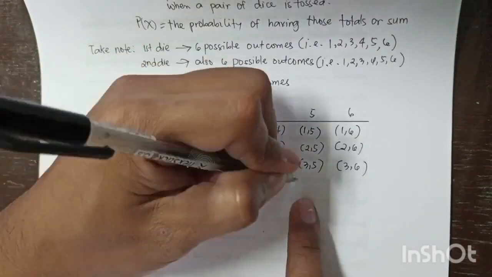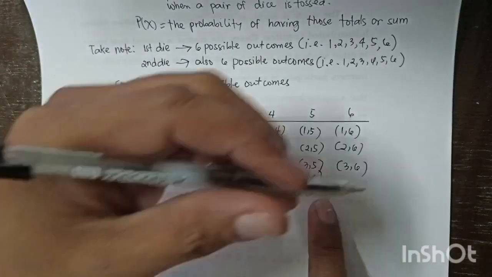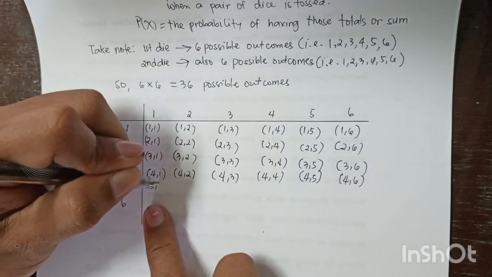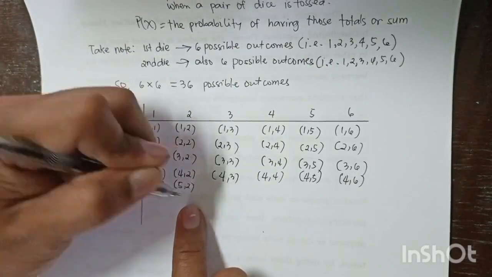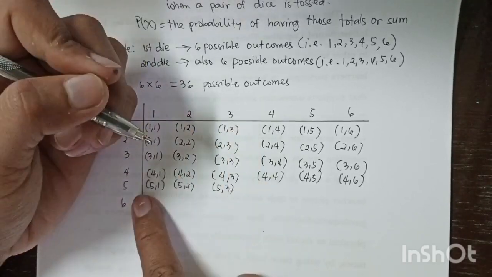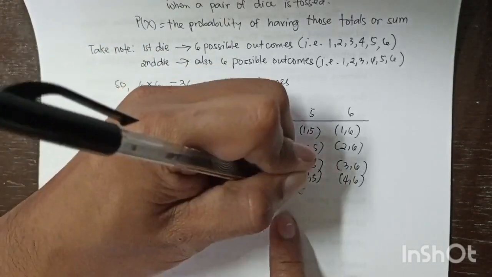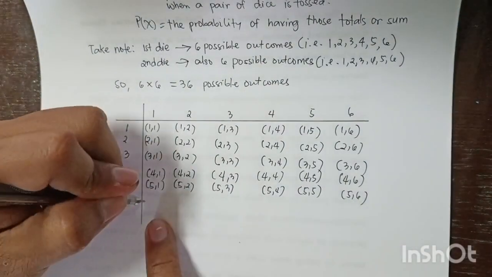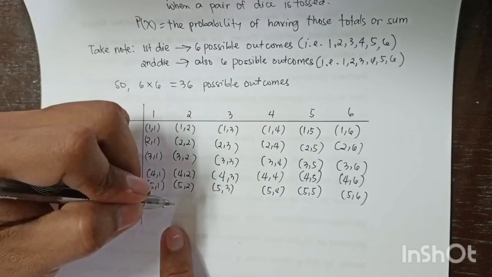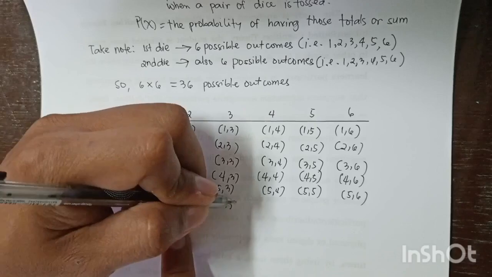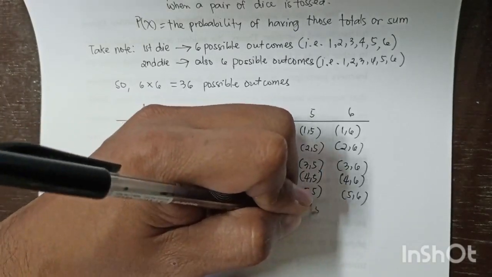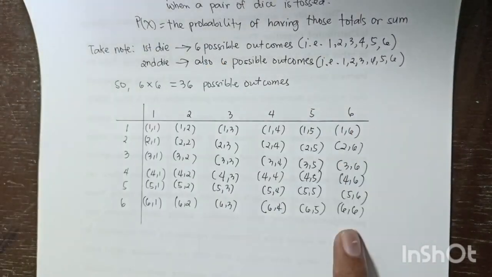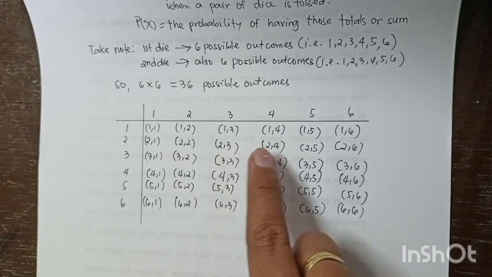then 4 and 4, 4 and 5, and 4 and 6. Then we have 5 and 1, 5 and 2, 5 and 3, then 5 and 4, 5 and 5, and 5 and 6. Then we could also have 6 and 1, 6 and 2, 6 and 3, 6 and 4, 6 and 5, and the last possible pair, 6 and 6.